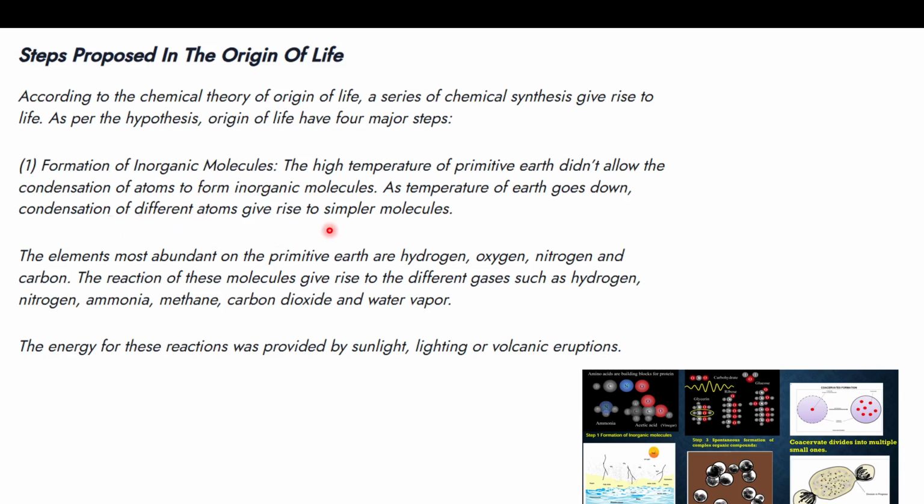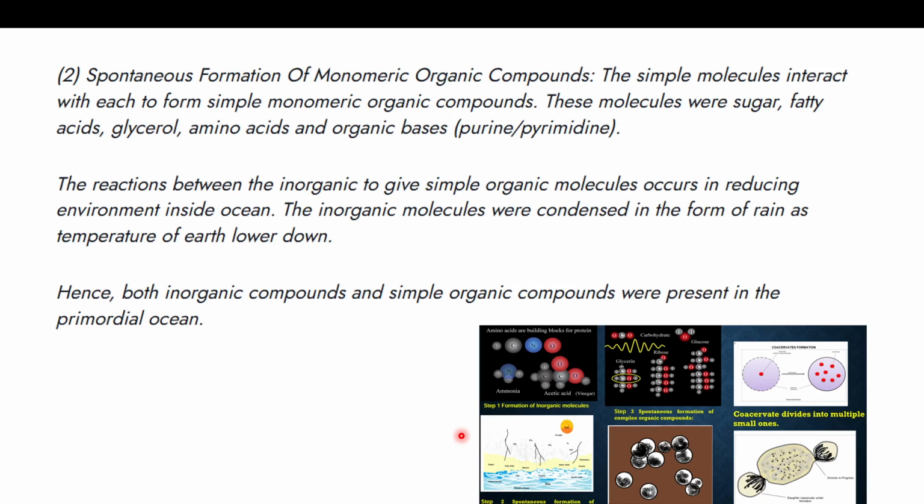The most abundant elements on primitive Earth were hydrogen, oxygen, nitrogen, and carbon. Reactions of these gave rise to different gases such as hydrogen, nitrogen, ammonia, methane, carbon dioxide, and water vapor. The energy for these reactions was provided by sunlight, volcanic eruptions, and lightning. Okay, the first one, formation of inorganic molecules.